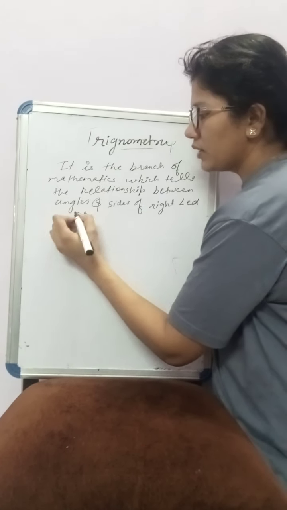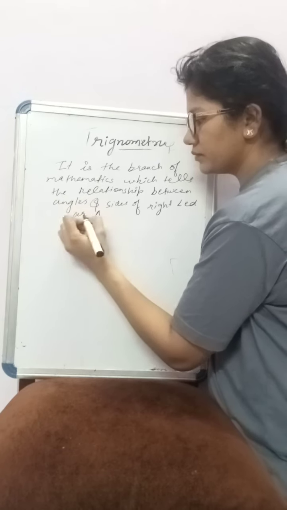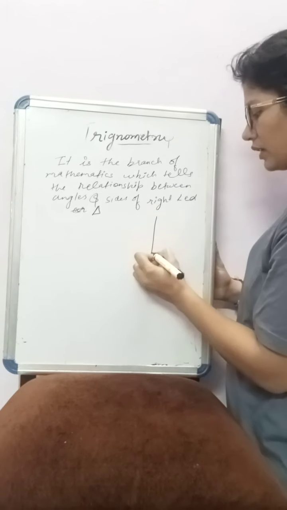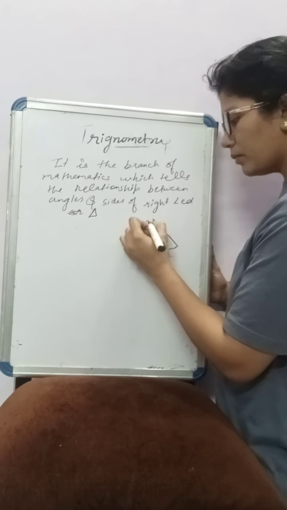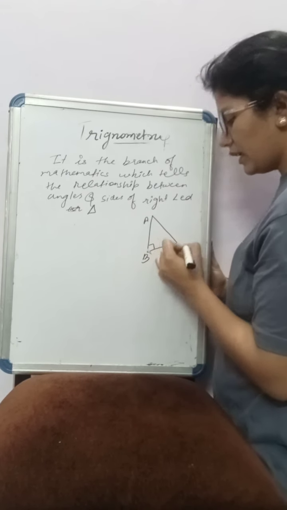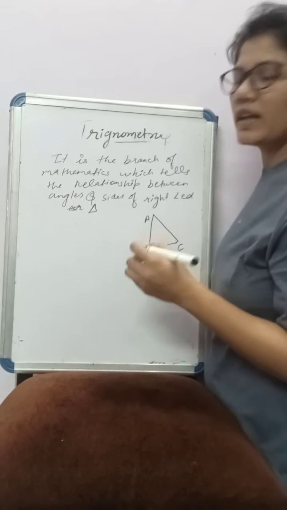If ABC is a right angle triangle, right angled at B, then ABC is a right angle triangle.